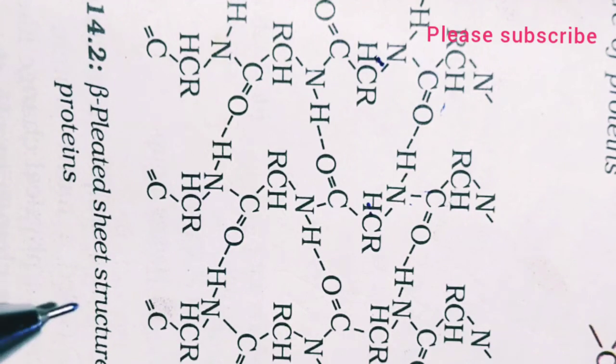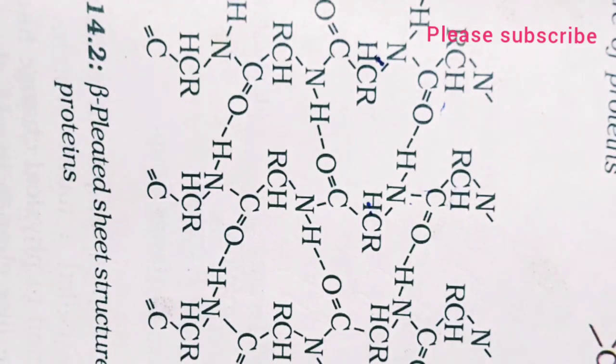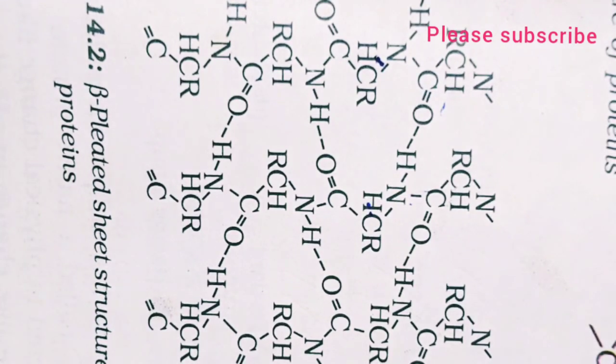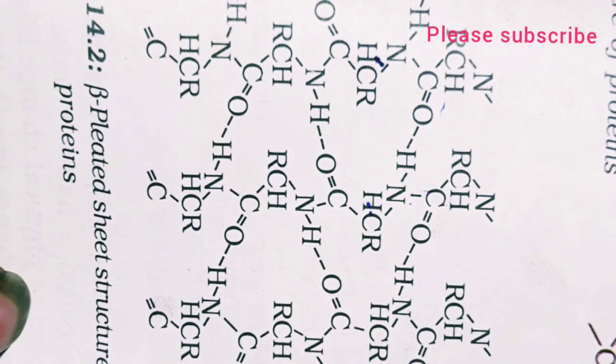Everyone should remember, in the beta pleated sheet structure, intermolecular hydrogen bonding is there. But before I said, there is only one polypeptide chain, and in this only intramolecular hydrogen bonding is there. But here we are taking two or more polypeptide chains. They are stretched to nearly maximum extension. That's why we get a beta pleated sheet structure.